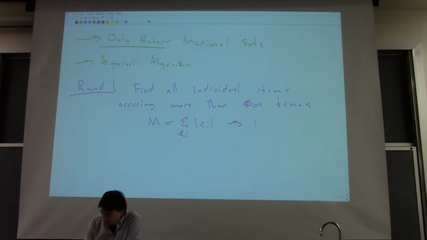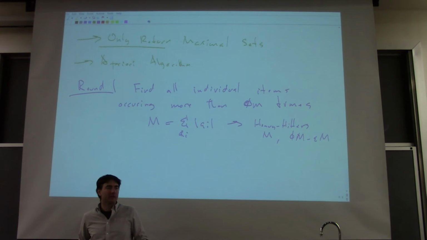So let's say I can return one of these heavy hitters where I use the total size as m. I just chain together these market baskets, and I set the threshold at phi m minus epsilon m. So then I can use these heavy hitter techniques.